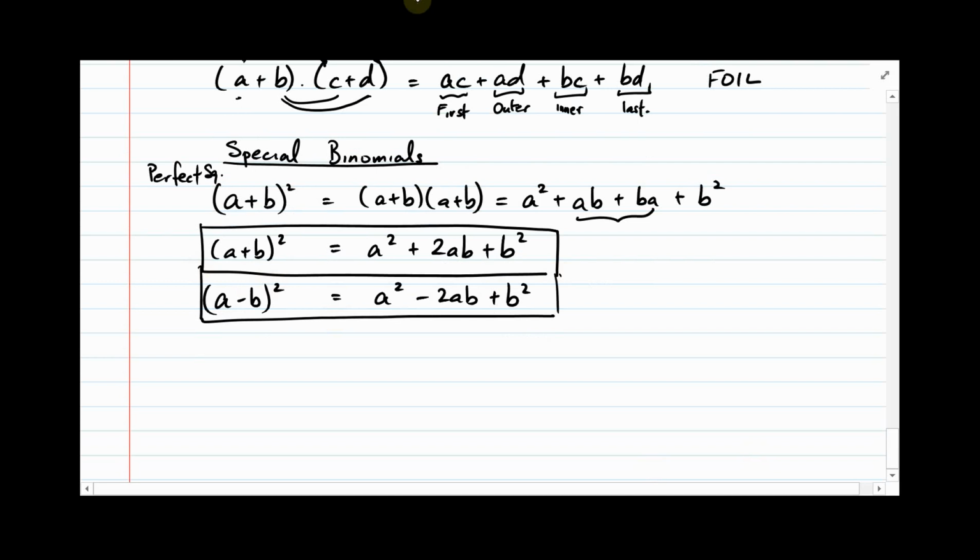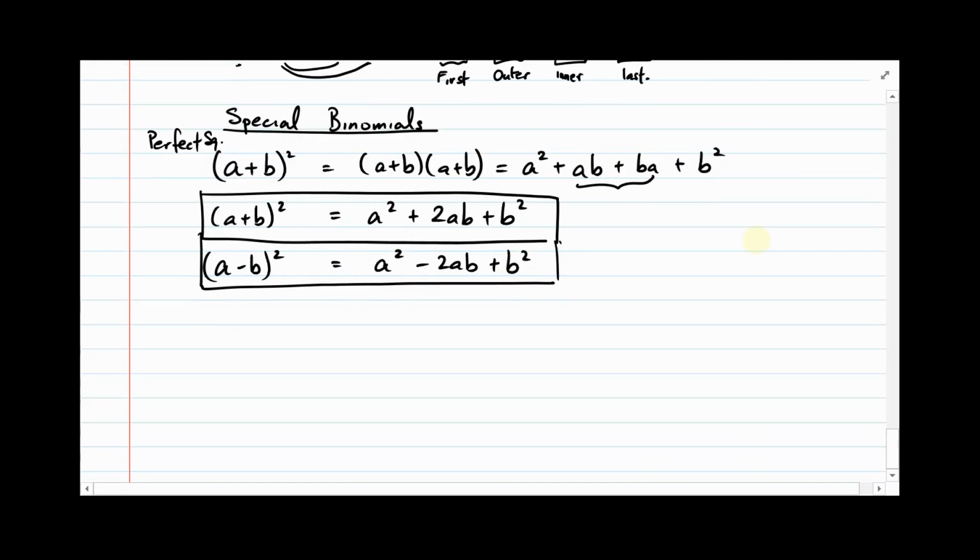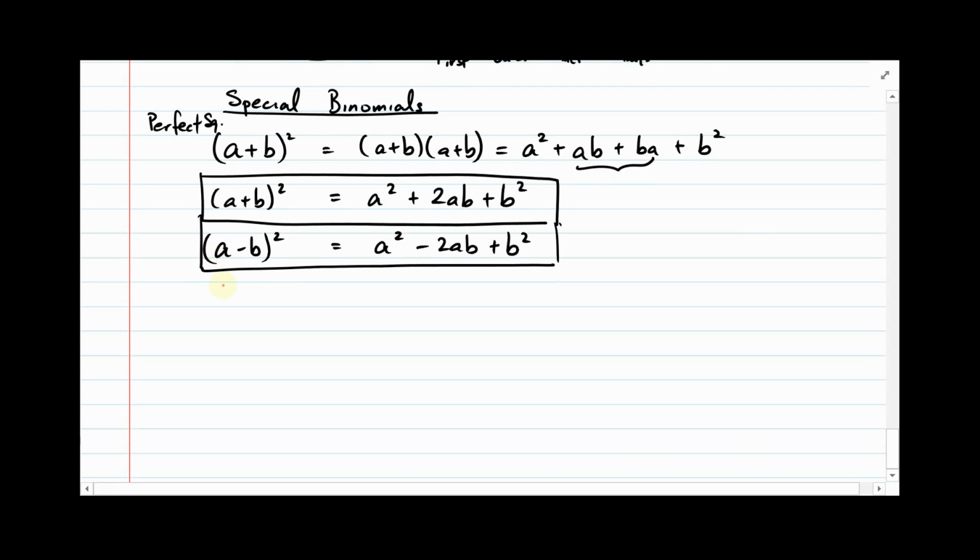What I want you to recognize, and we're going to look at a couple practice problems just to jog your memory again, is that if we call this the first term and this is the last term in the given binomial, then in each of these cases we have the first term squared.